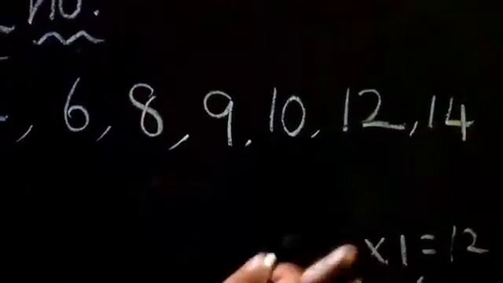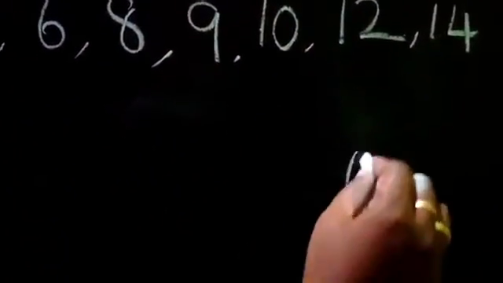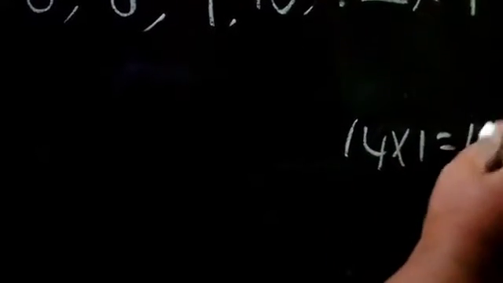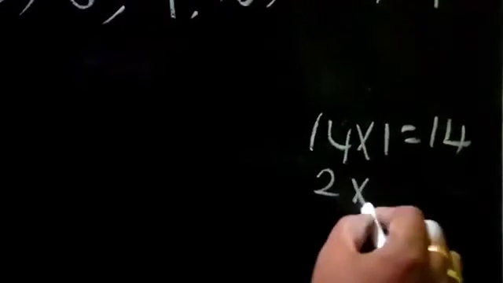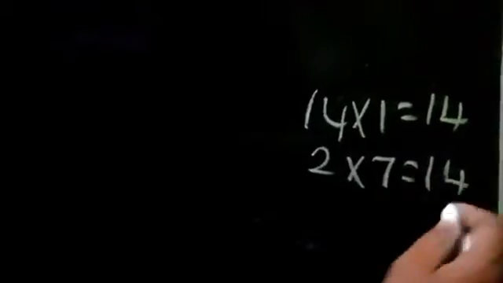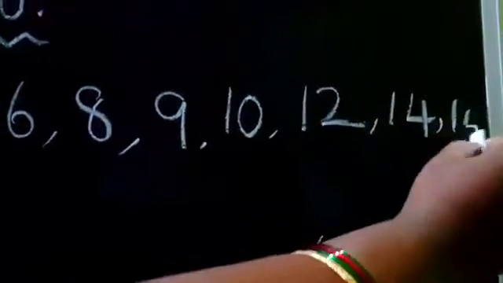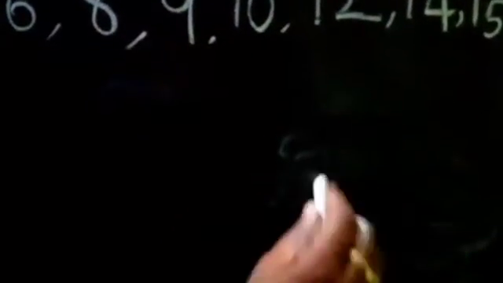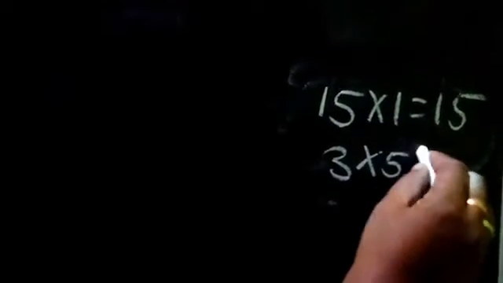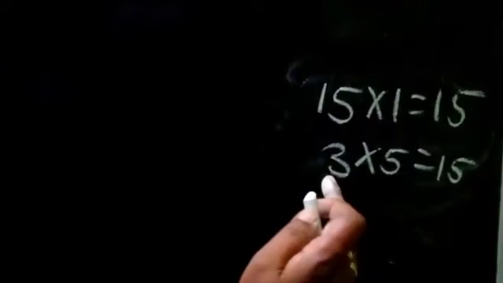Next number is 14. 14 ones are 14. 2 7s are 14 or 7 2s are 14. Next number is 15. 15 ones are 15. 3 5s are 15 or 5 3s are 15.